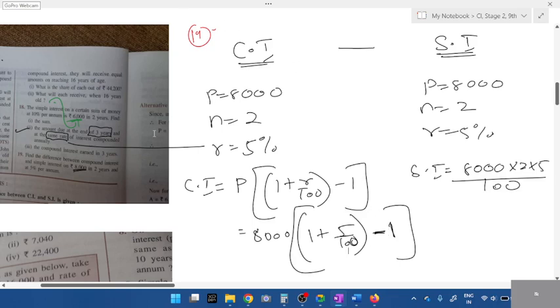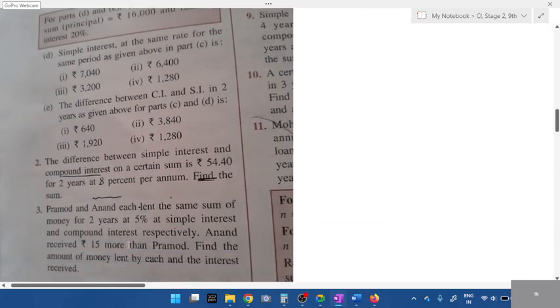Do the calculation later. I will copy it. Okay, next one, next exercise.